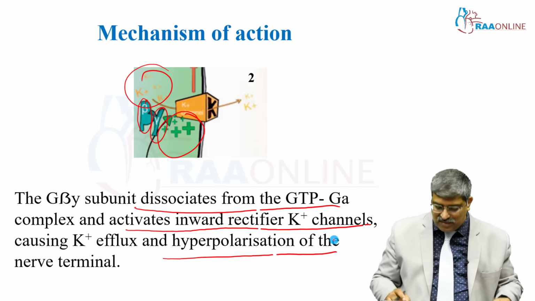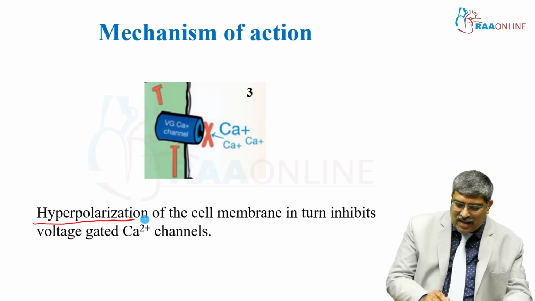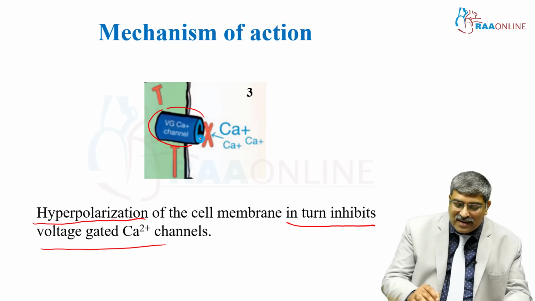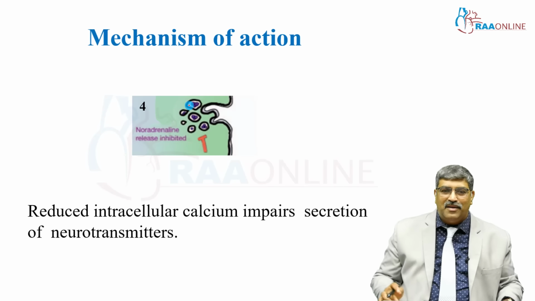This is the second change which happens. As potassium efflux increases and hyperpolarization happens, this in turn inhibits voltage gated calcium channels. So, your calcium is inhibited.